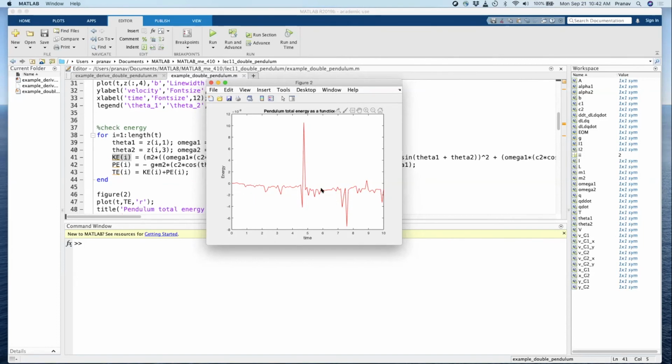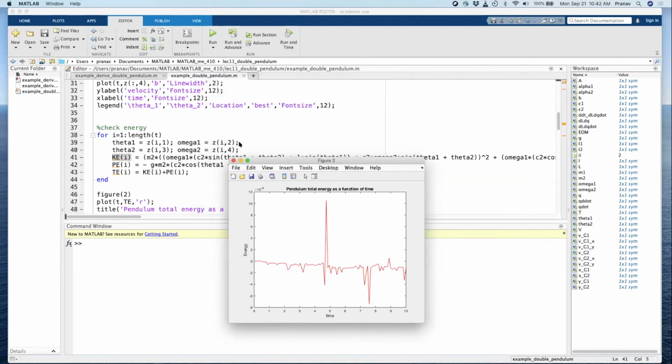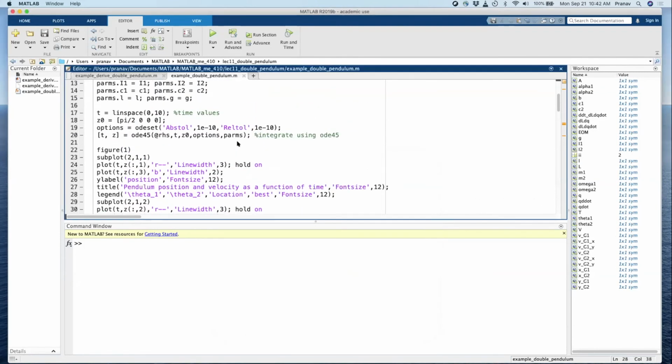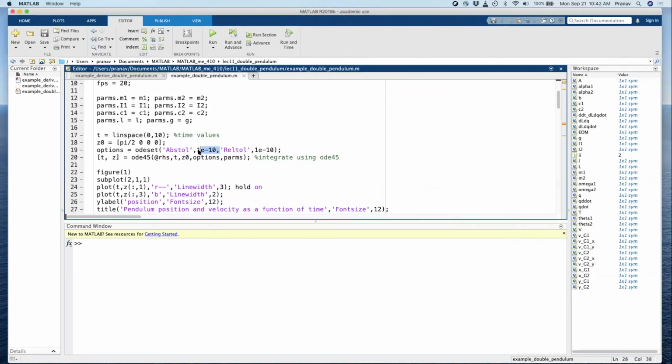You can see that the energy looks spiky, but it's actually not, because if you look at this axis here, the energy is 12 times 10 raised to negative 9. So this fluctuation is 1e negative 9, which is within the tolerance as specified here. My tolerance for the integration was 1e negative 10, which means that I'm okay with 1e negative 9 fluctuation for my kinetic energy. So if I increase this to 12, then you see about 1e negative 11.